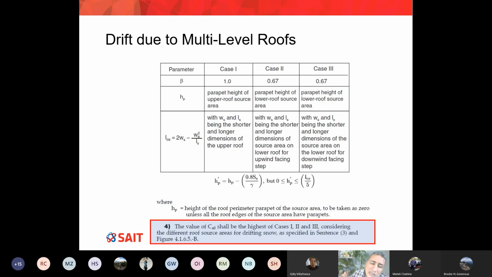It means in our calculations, we should simply perform the calculation three times: for case number 1, where the source of the accumulation is the higher roof; one more time for case number 2, where the source of the accumulation is part of the lower roof; and case number 3, where another part of the lower roof is the source of the accumulation.